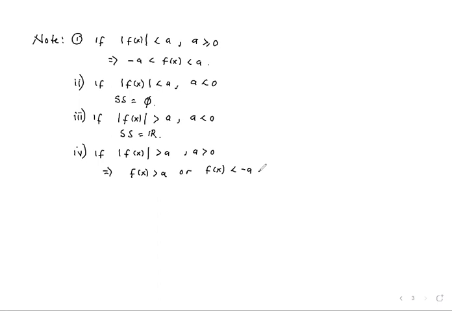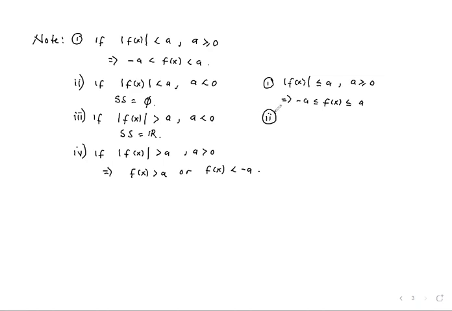So this does not change even if you say 1, f of x is less or equal to a, for a greater or equal to 0, the same setup will come, less or equal to a.